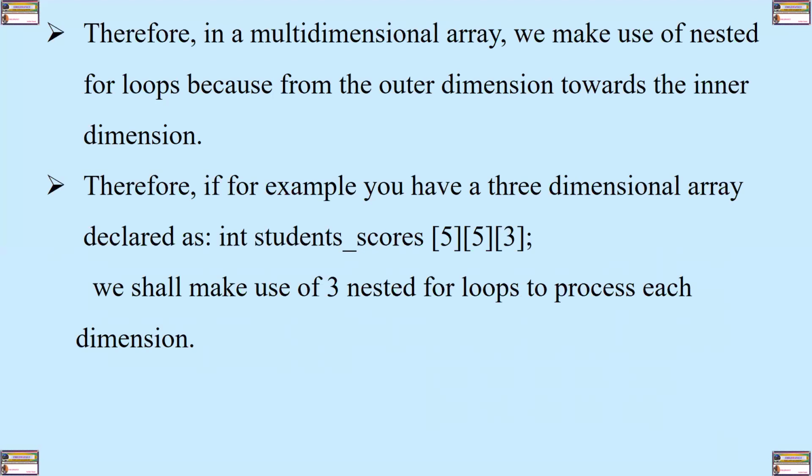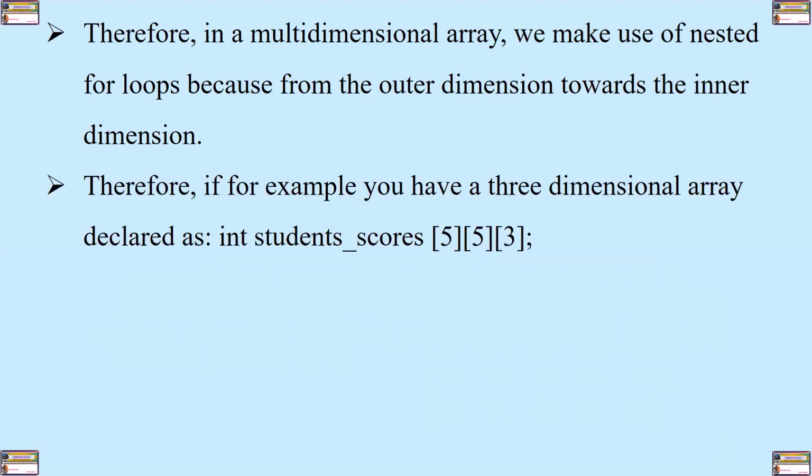In the first dimension here, we have 5 elements, so before we move on to the next dimension, we have to repeat the same activity for 5 elements. And then we increment to the second dimension.